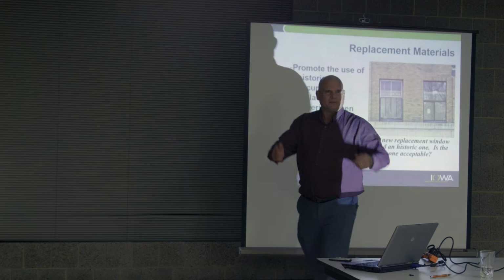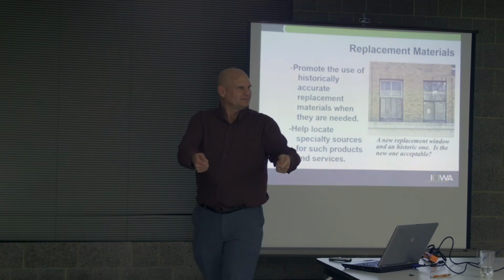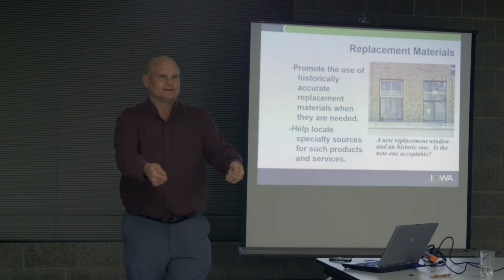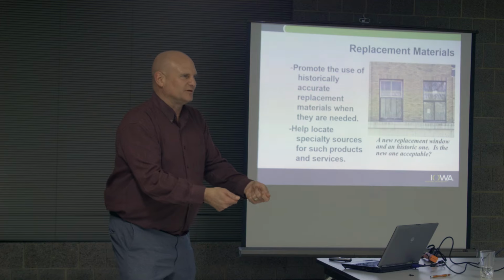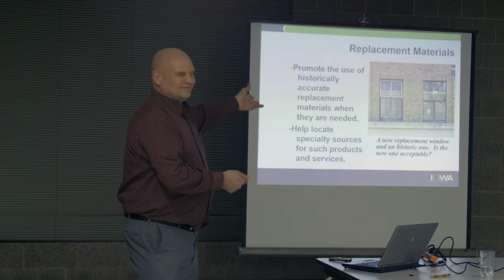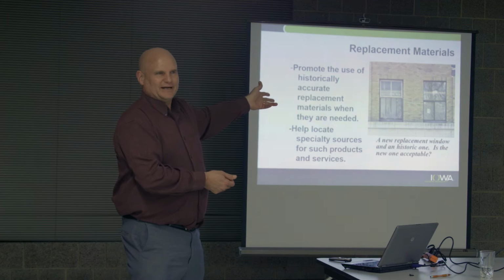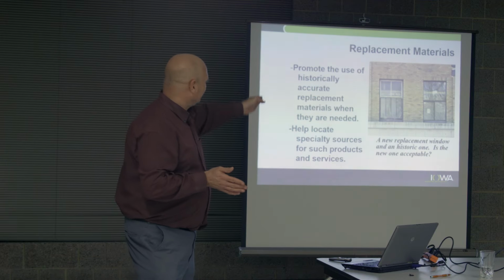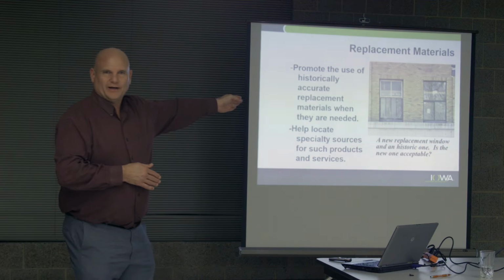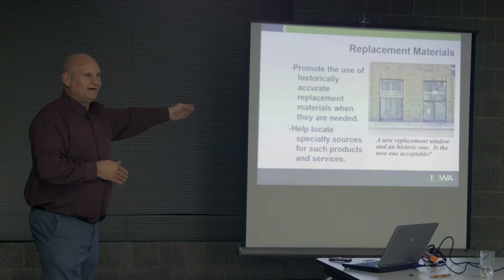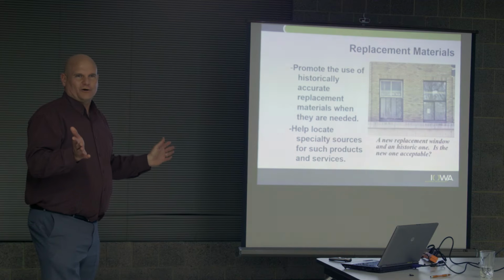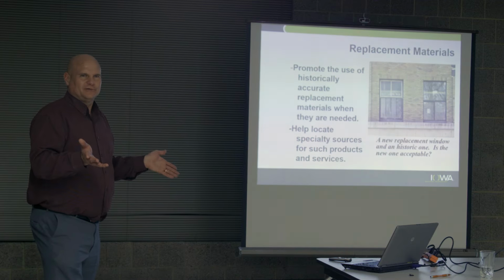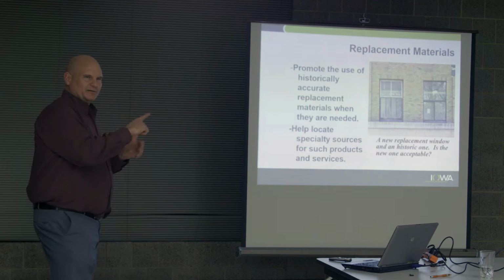So when they probably submitted a drawing to the review body, they said, look, this window's going to look just like those windows we're taking out. Well, they don't. Okay, now is that a deal breaker? I don't know. If you're really anal about the way those windows look, yeah. Could it have been a lot worse? Sure. But that's where you get into the weeds about what's appropriate and what's inappropriate.